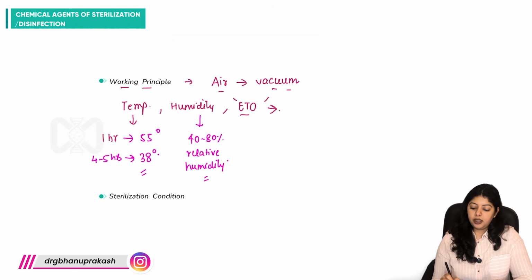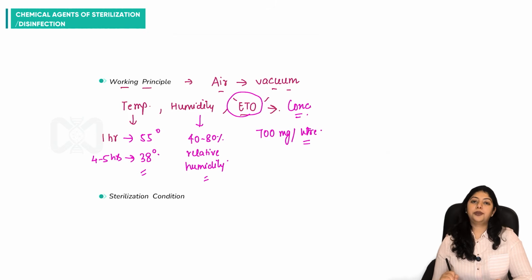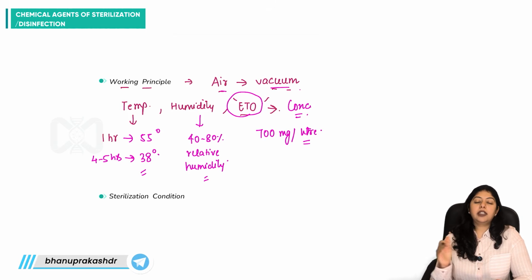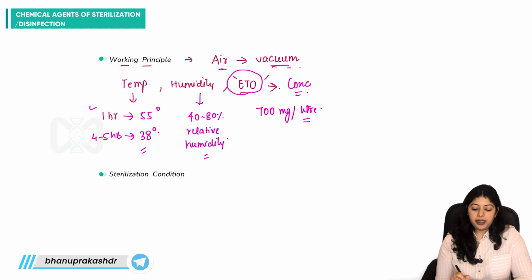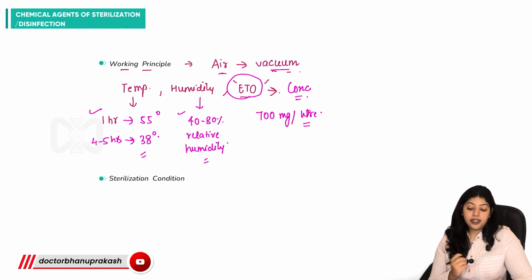And the concentration of ETO gas needs to be 700 mg per liter, right? So firstly, air is replaced completely by vacuum. Then these parameters are met, and the ETO gas is allowed to enter and percolate, and it is used as a disinfectant.